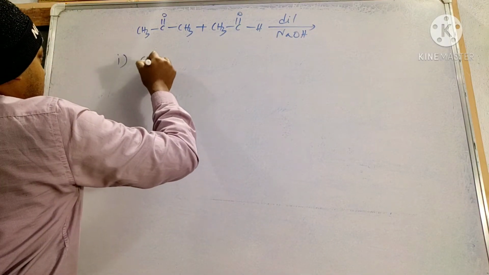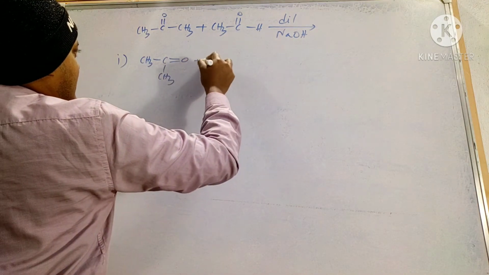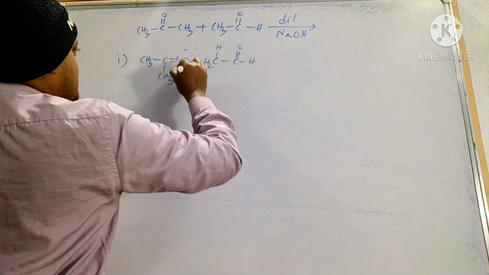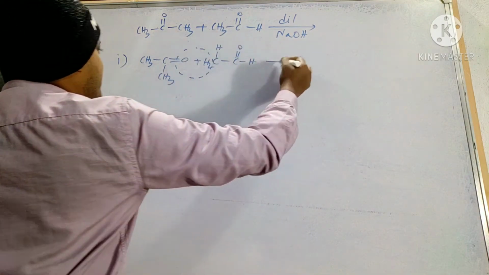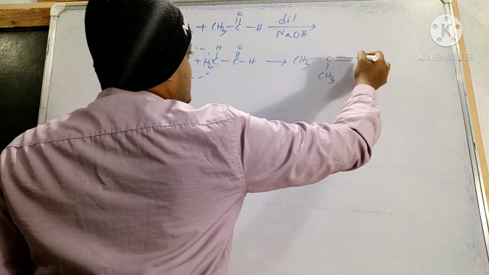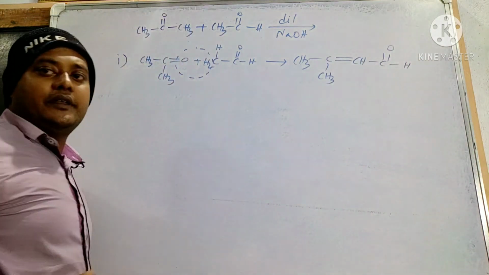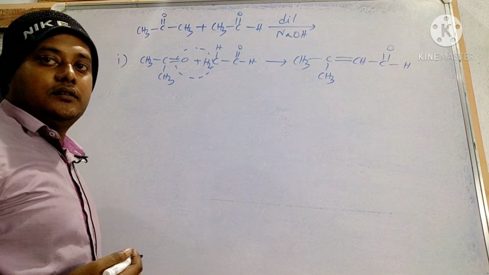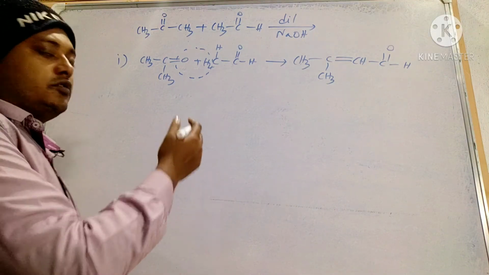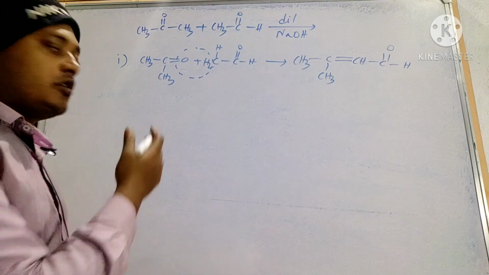First one, acetone donates oxygen and acetaldehyde donates alpha hydrogen. Try to remember it in that way, you do not have to memorize anything. If you just arrange the two molecules properly, you can easily get the product. Try to remember that trick, because for cross aldol you cannot apply the mechanism, it will take time. So you have to apply the shortcut.